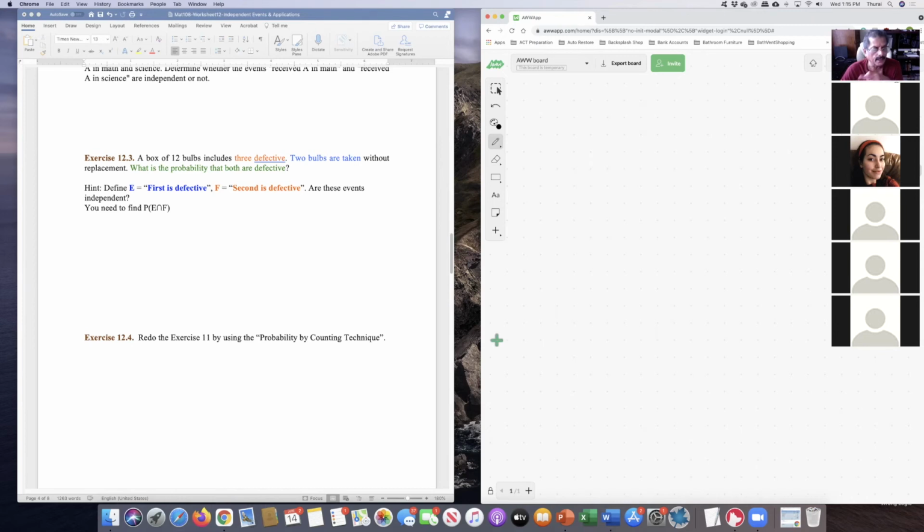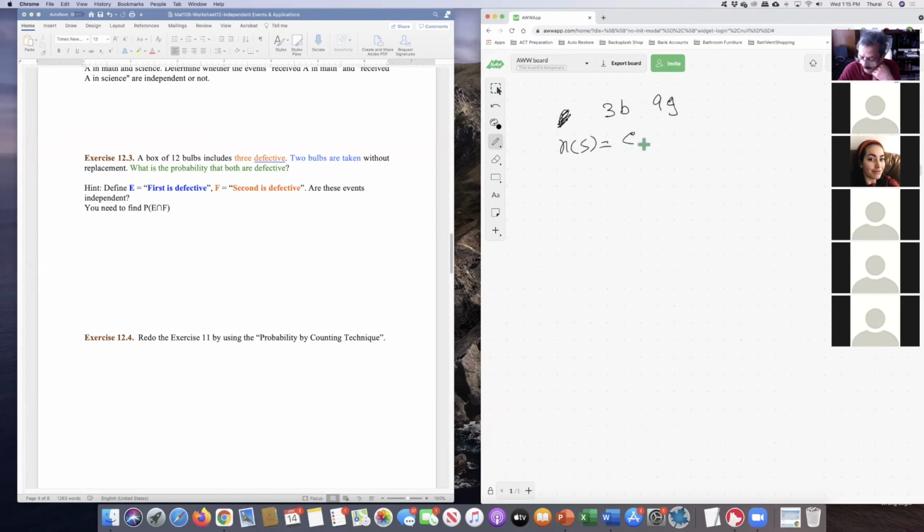E is first one is defective, F is second one is defective. So let's find the probabilities of E and F. Let me write down the numbers first. The 12 bulbs include 3 defective. So there are 3 bad ones, 9 good ones. And we are taking 2 bulbs. So the count of the sample space will be the number of ways to select 2 bulbs from 12.